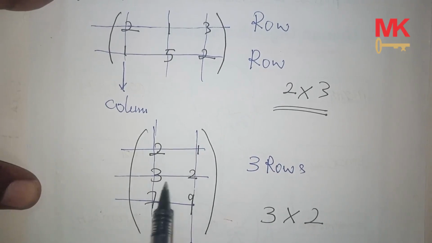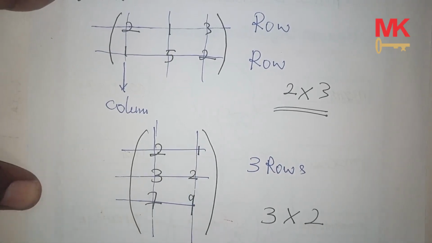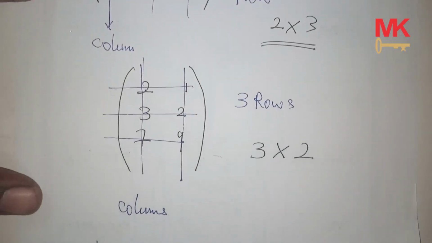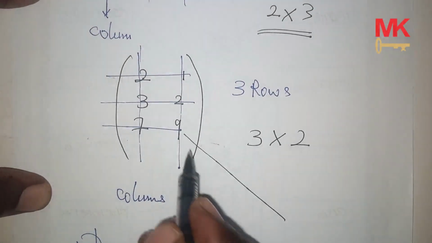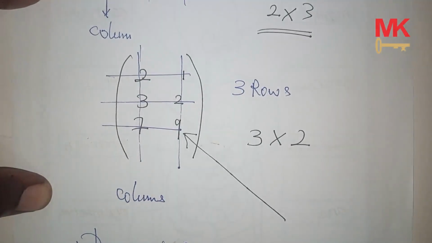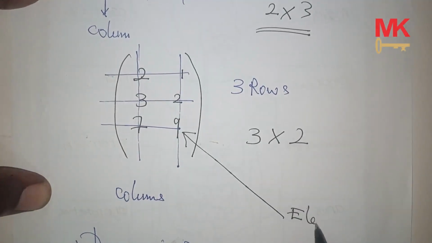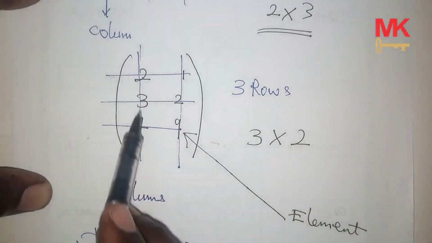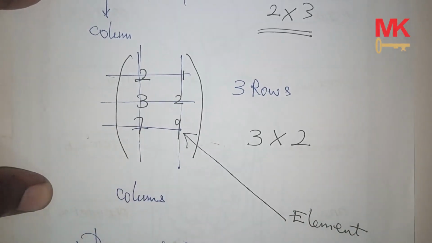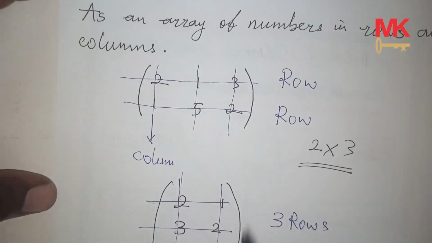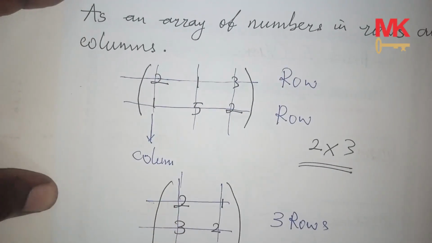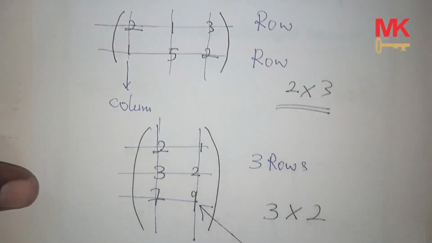Each number inside this matrix is called an element. So there are 6 elements in this matrix, and coincidentally, in the former one, there are also 6 elements. So how do we represent the position of each element? That's what we're going to do now.